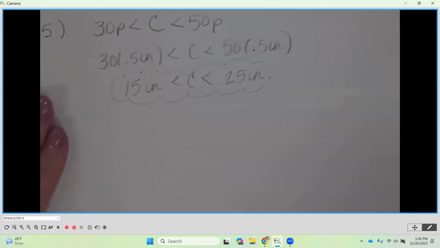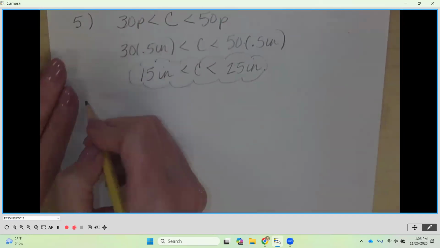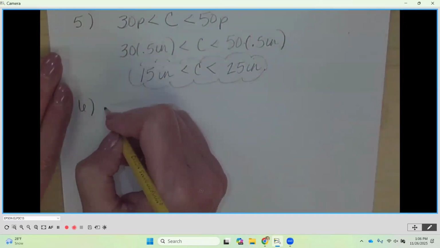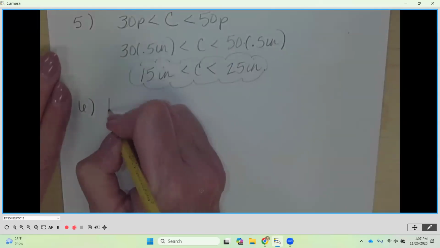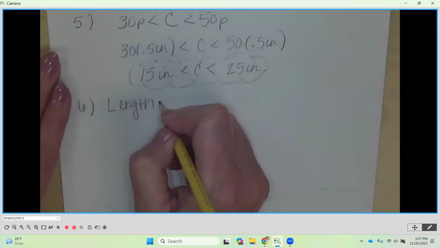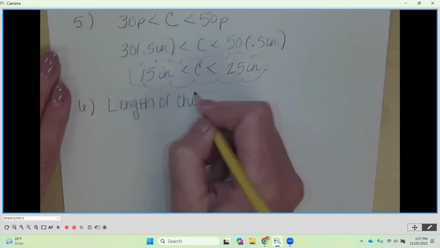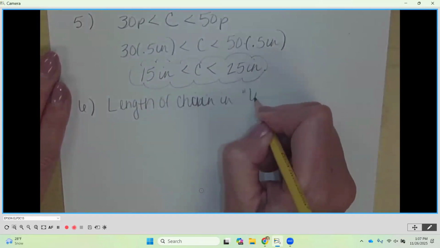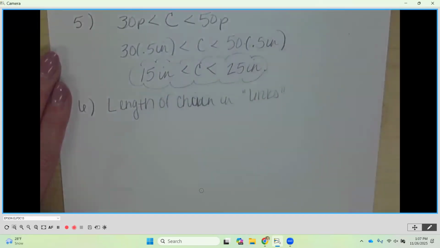Okay. Right now. So now step number 6 is how many links do we need for the length of our chain? So L, this is going to be length of chain, oopsie, in links. Okay.